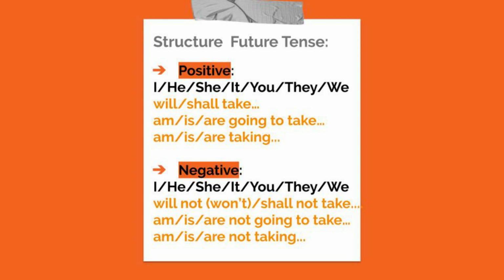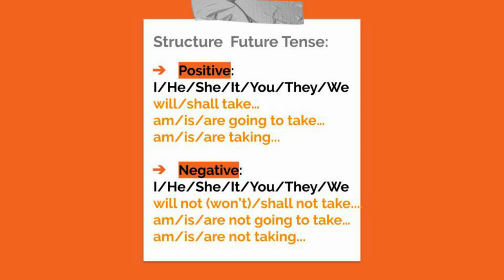So when you make positive sentences, you remember the pronouns he, she, it, you, they, we. Okay, the same pronouns. And just like past tense, all these pronouns do not change the form of the verb. Now here either you use will or shall and the basic form of the verb.